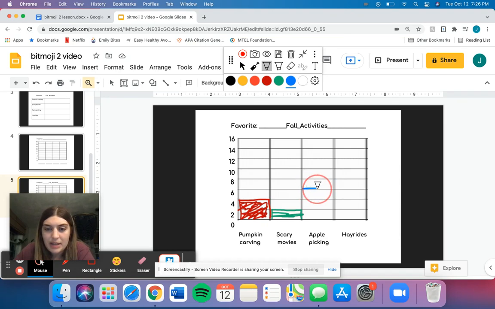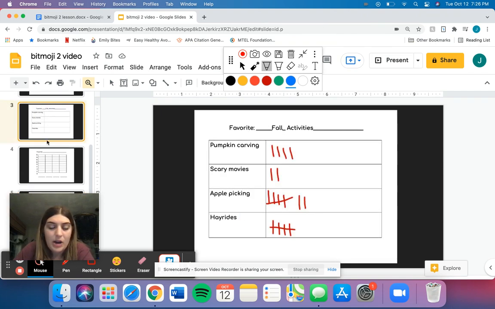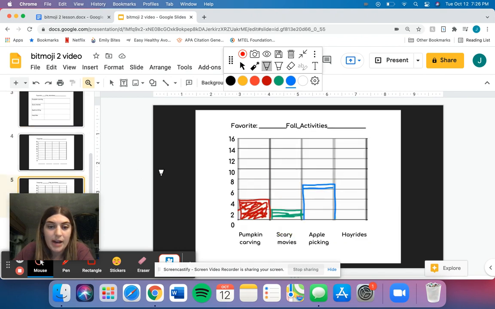I would go up to 6, right? But 7 is between 6 and 8. So I would have to cut this block in half to show 7. So here's my 7.